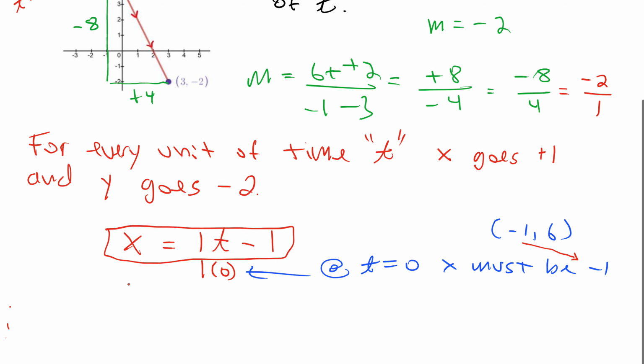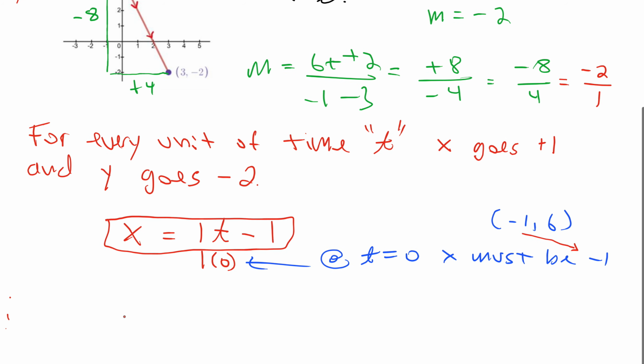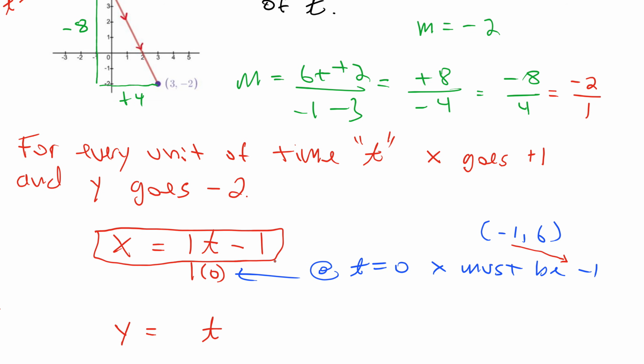Now for y, same logic. For every unit of time t, you go down by 2. And you see how you want to have your reduced fraction, because you're splitting them up.